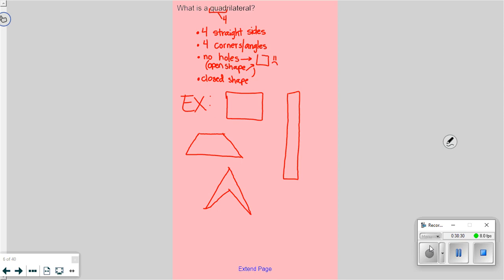So a square can be called square. That's fine. It can also be called quadrilateral. That is not wrong. Just like I can say Heidi, if I'm talking to Heidi, but I can also say 3rd grader. Is that wrong? No. Still works.